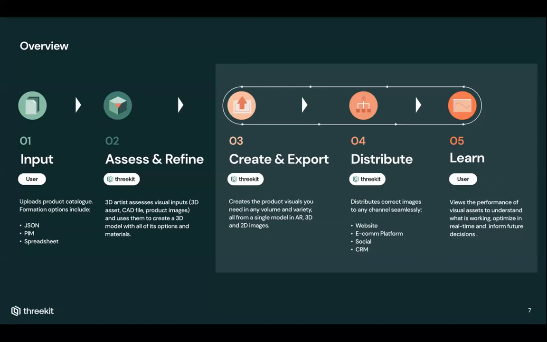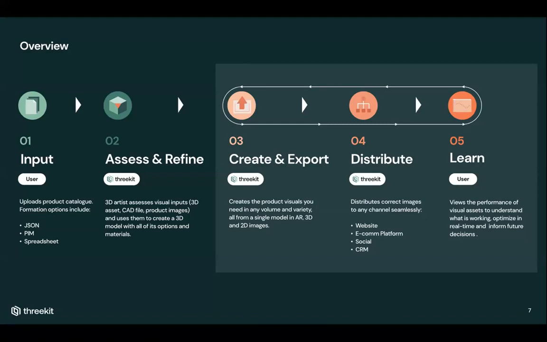So if a particular configuration or product SKU is doing really well for you, you can see that across all the channels where you've deployed it, and then optimize your visual experience. So kind of going back to that create and export stage to create more of what works and maybe less of what doesn't. And that's part of the power of the platform.